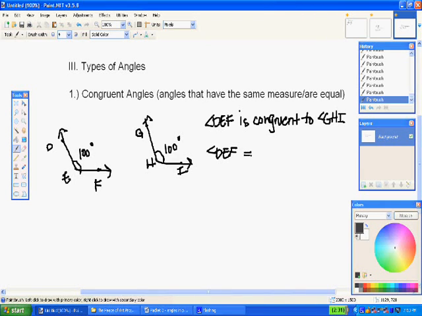It looks like an equal sign, but it has a little squiggly mark over the top, and that stands for congruent or equal in measure. And you see this symbol also with line segments and other things like triangles that may be congruent to each other.